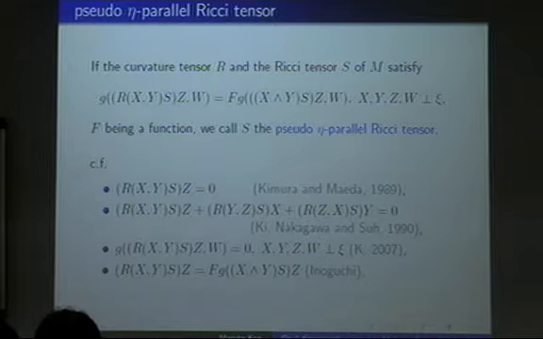In this condition, X, Y, Z, and W are orthogonal to Z. So it is weaker.